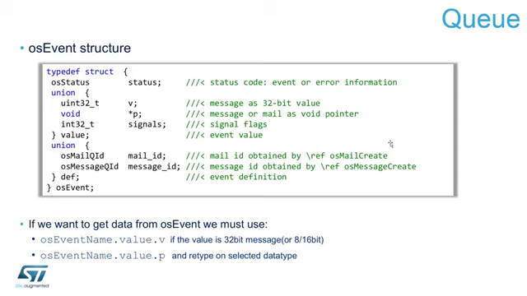You can see the structure with the status inside and a union giving you the value of the data. So either a signed value, a pointer, or a set of signals. And there is as well a definition what is the source of the data. So you can even identify who sent you the message.